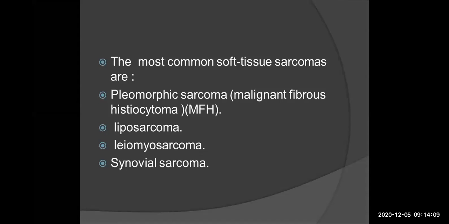If you say that, this means soft tissue. If it is found in the bone, you should say malignant fibrous histiocytoma of the bone. Okay? Of the bone. Pleomorphic sarcoma, liposarcoma, leiomyosarcoma, and synovial sarcoma.